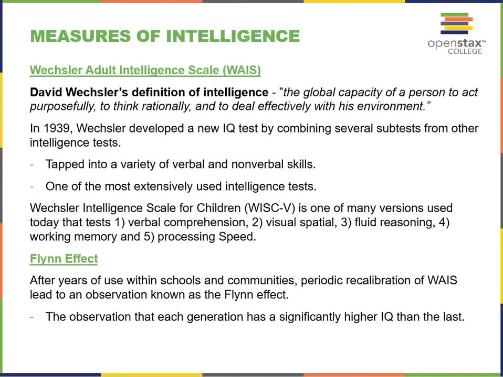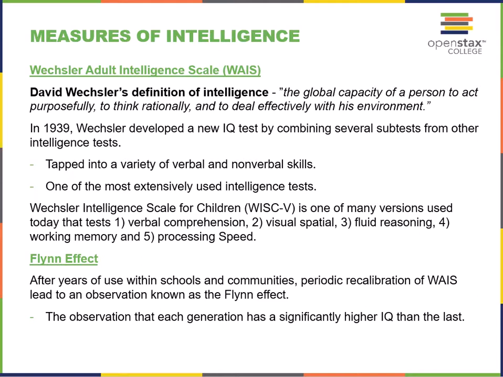One of the first big measures of intelligence that's still used to this day is called the WAIS, or the Wechsler Adult Intelligence Scale. It looks at a bunch of verbal and nonverbal skills, and it is extensively used. There is one for children, which is called the WISC, or the Wechsler Intelligence Scale for Children.